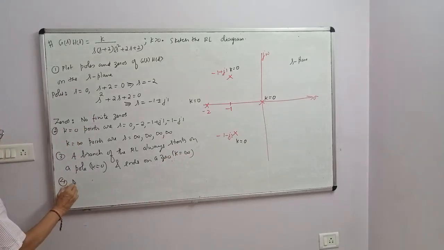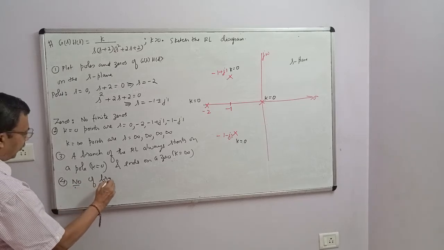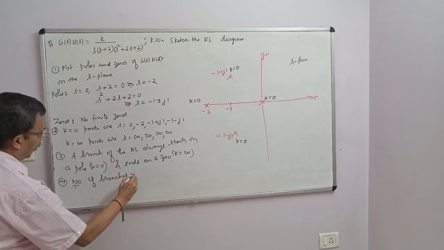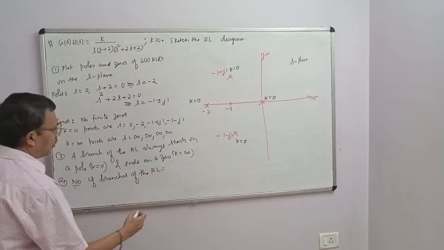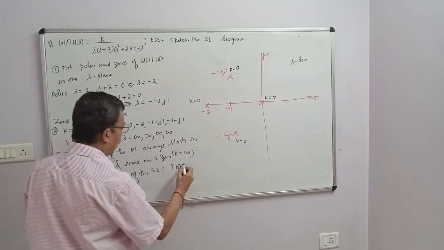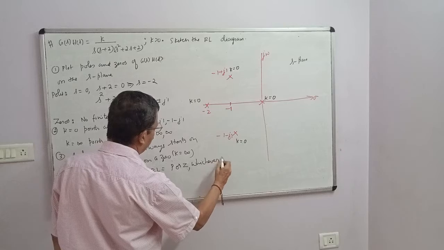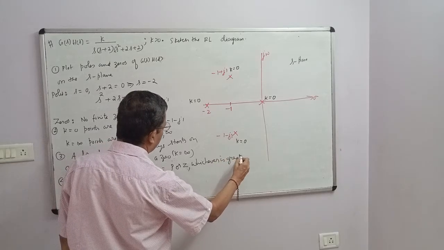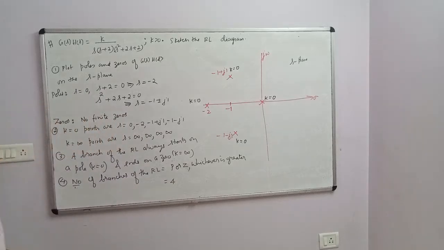Next, number of branches of the root locus. Number of branches of the root locus is equal to P or Z, whichever is greater, is equal to 4. 4 branches. Here P is 4 and Z is 0.